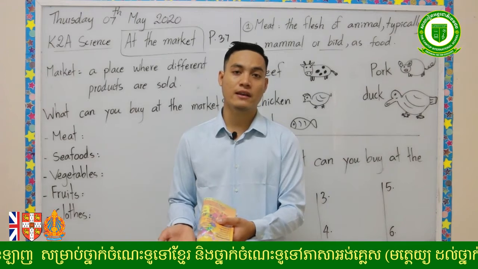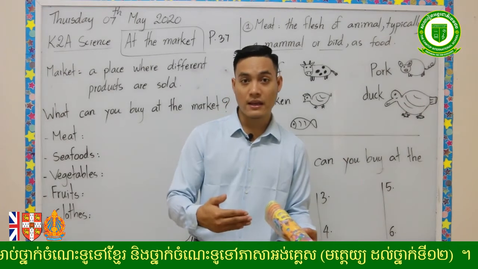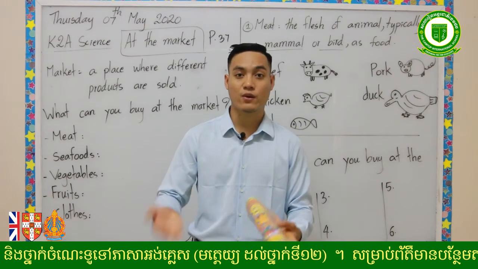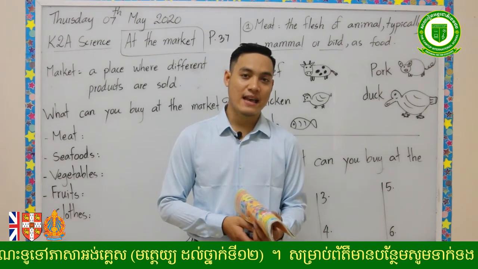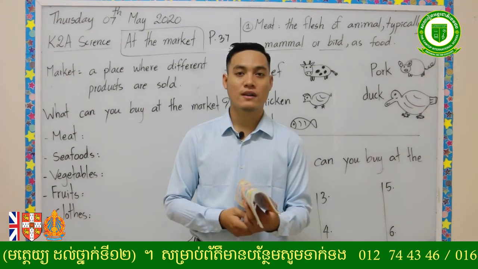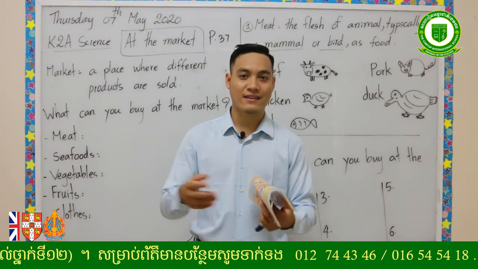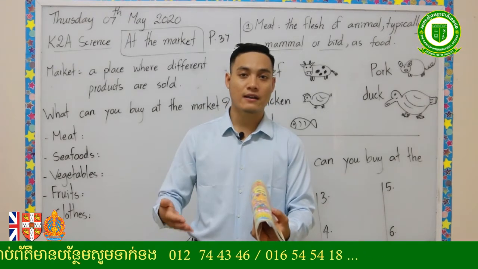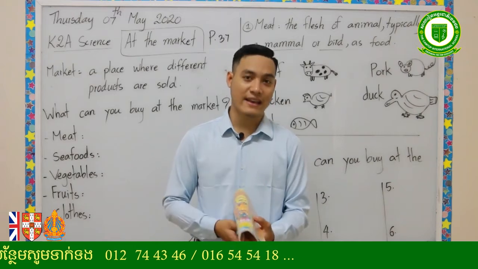You can put it in the compost bin to get natural fertilizer, which is good for your plants. Another example, you can use bottles or cans to make toys that your kids can play with.